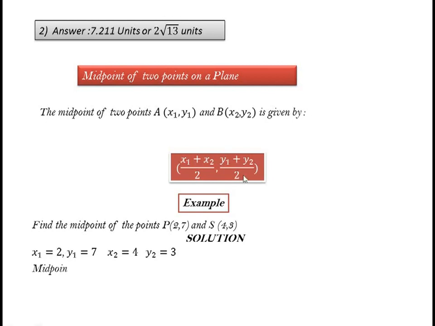We apply this formula, x1 plus x2 divided by 2, y1 plus y2 divided by 2. Substituting, we have 4 plus 2 divided by 2, 7 plus 3 divided by 2, which gives us 3, 5. The x coordinate is 3 and the y coordinate is 5.